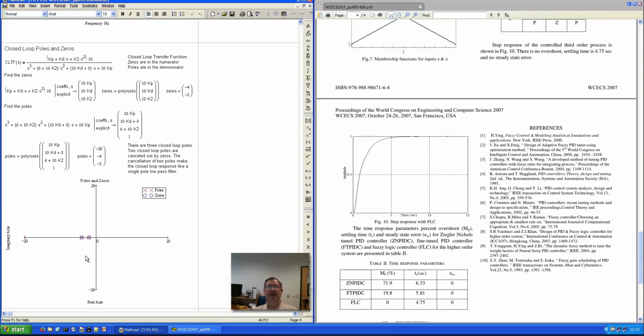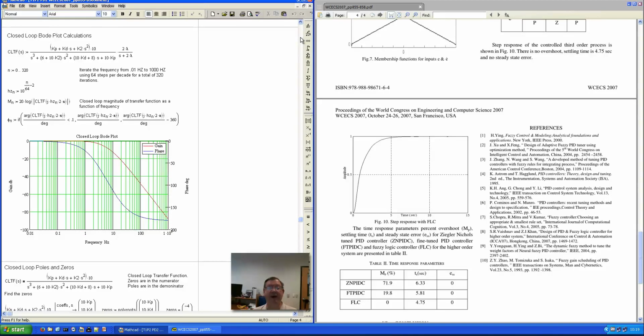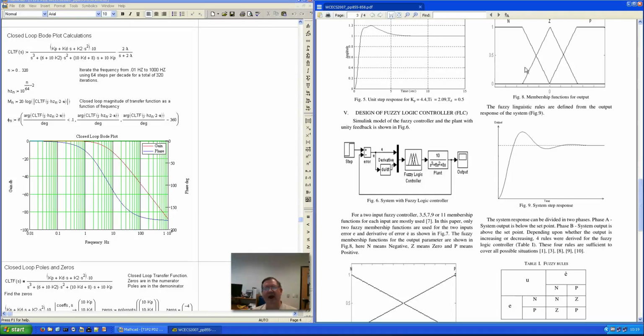And the closed loop transfer function has 3 poles, and as it turns out, the method I use will cancel out 2 of them, so I get a response of just this 1 pole here at minus 20. So you can see that my PID, or my PD2 control, is much better than the fuzzy logic control.